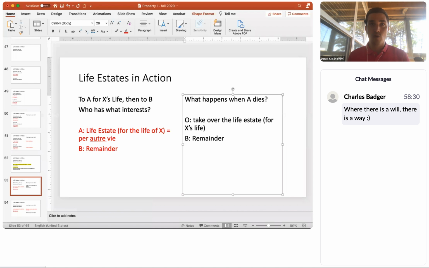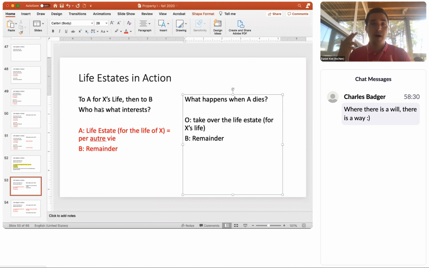And generally speaking, we're going to see, are there any heirs that A has? If A has heirs, it's going to go to A's heirs in some form. And we don't need to know the details. So this is where Jaski's answer is at least in part correct. If there is no will, and there are no heirs, then it would escheat to the state.